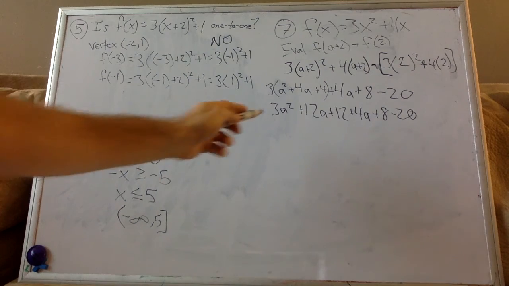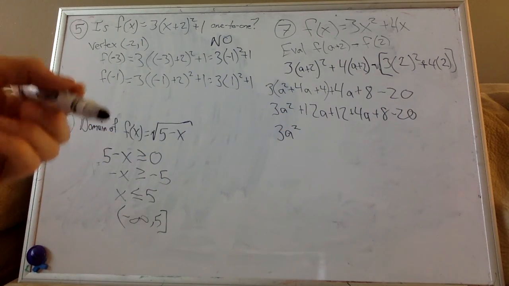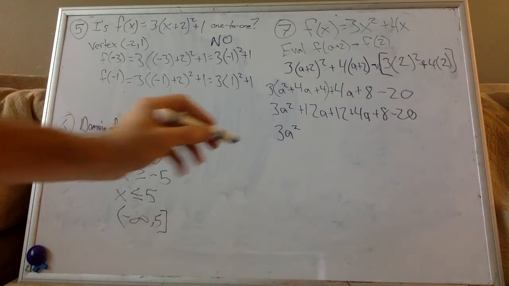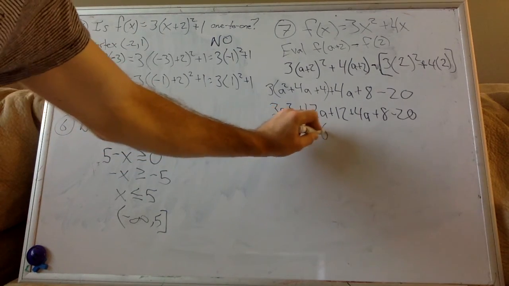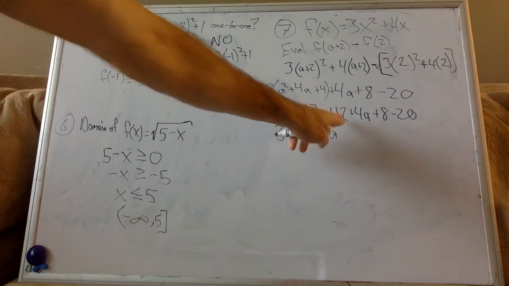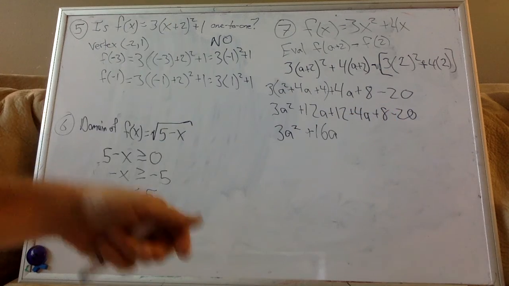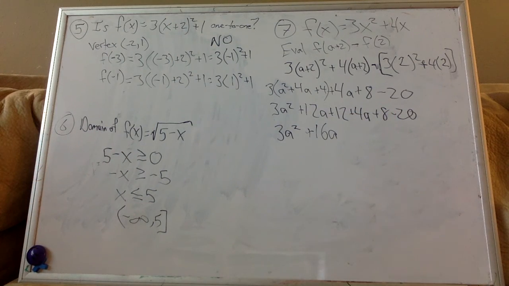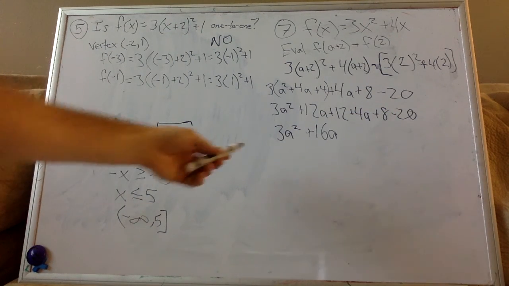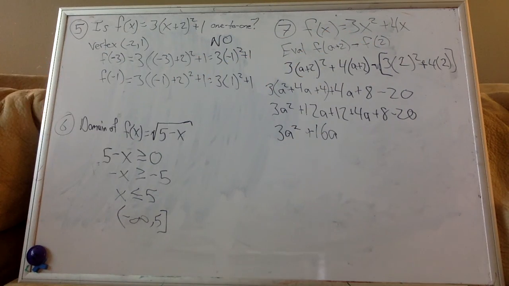So now I'm just going to combine my like terms. I get my 3a squared. I have 12a and 4a, so now I have 16a. And 12 plus 8 gives me 20, minus 20, so I don't have a constant term anymore. So my result, this whole thing evaluates to what I have below.